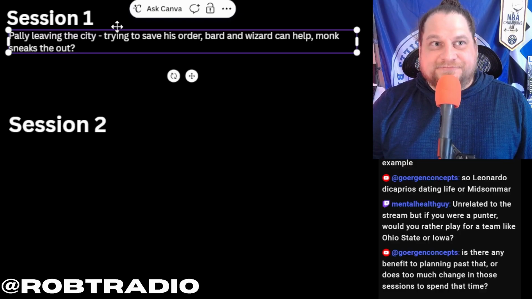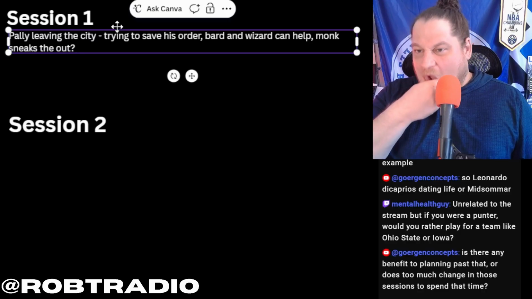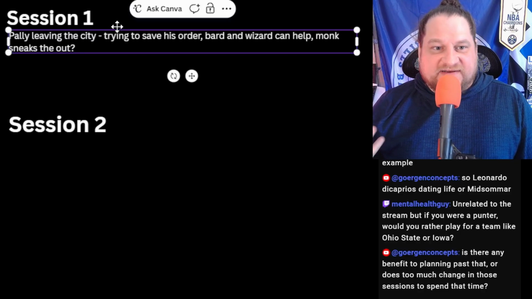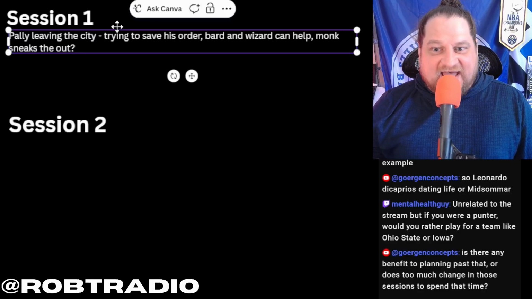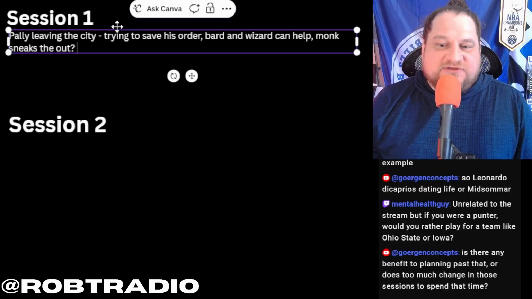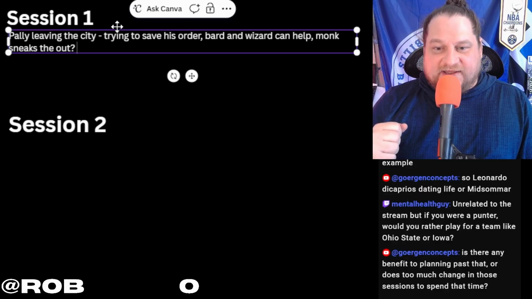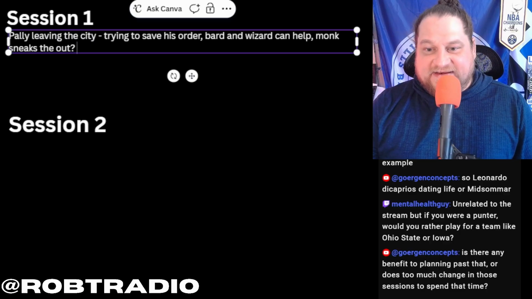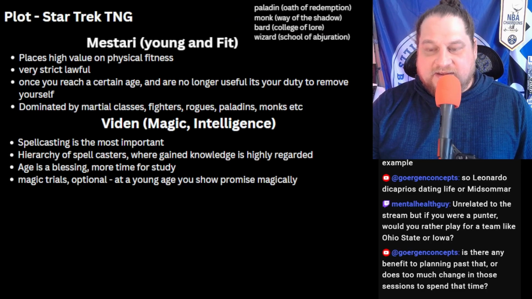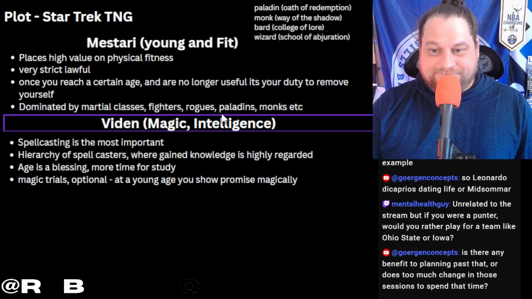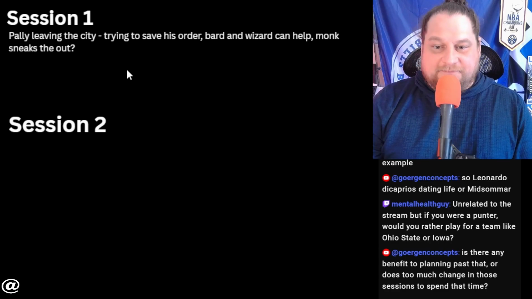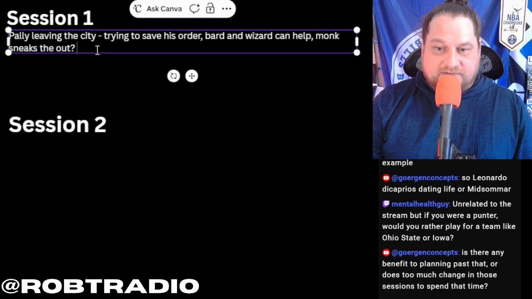And so maybe the wizard and the bard are on a diplomatic mission or something like that. They all meet. And so I think I would make session 1 about the paladin and the monk leaving Mistari. So I'd have to build that out, right?